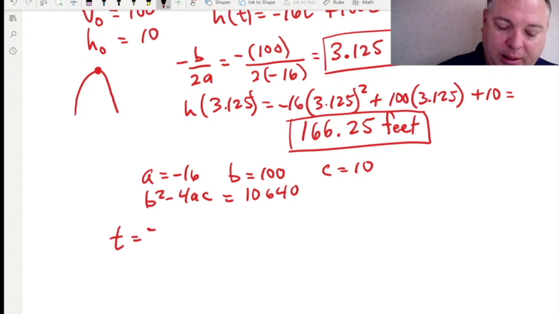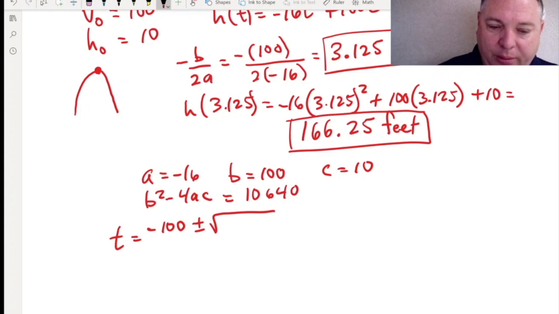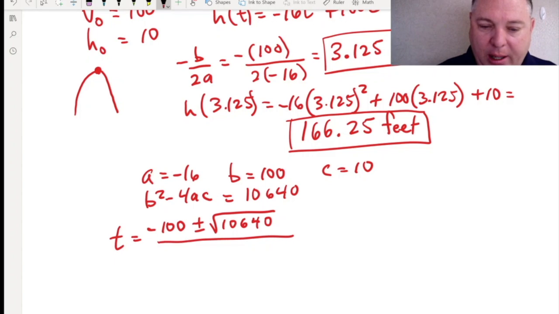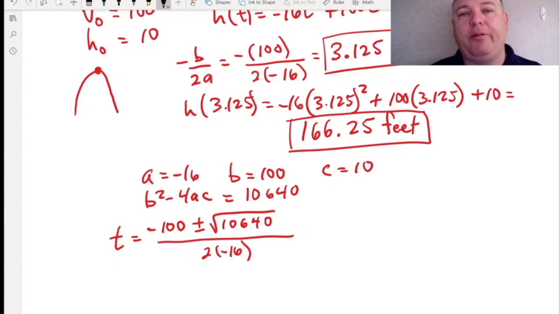Now we're going to substitute into the quadratic equation. T equals negative b, or negative 100, plus or minus the square root of 10,640 divided by 2 times negative 16. Now I made a special video off my iPhone to show you how to plug this into the calculator.